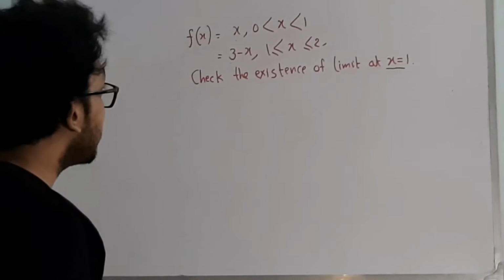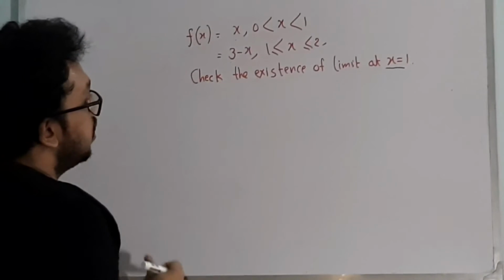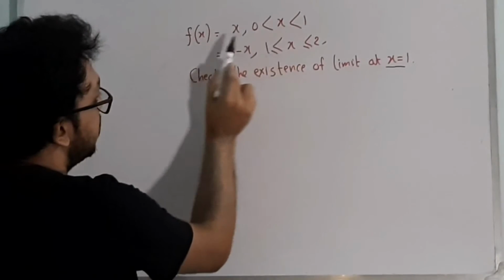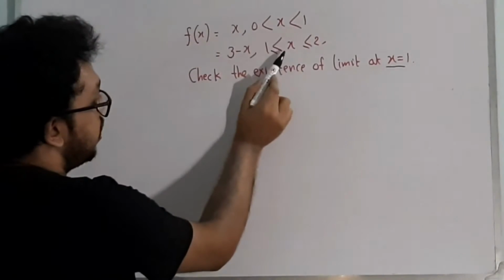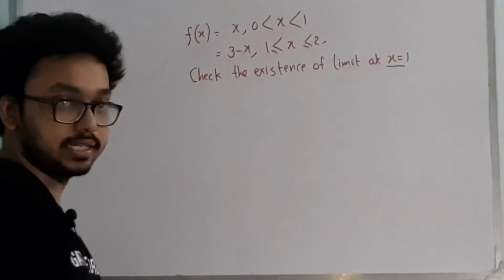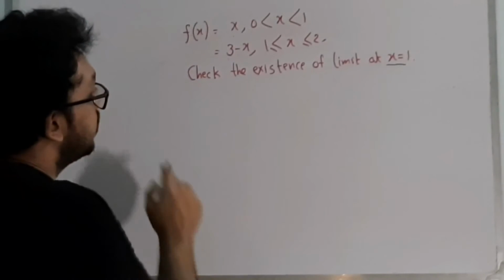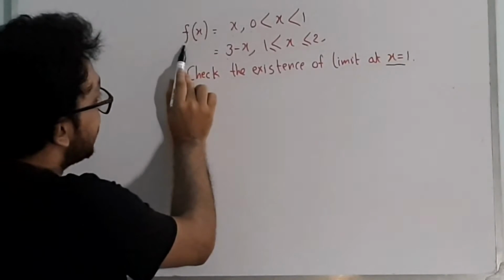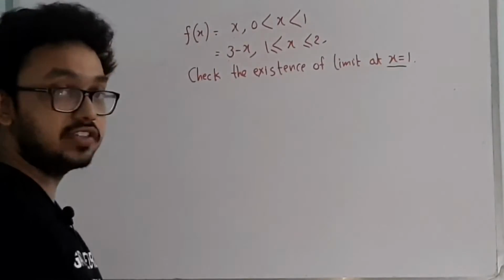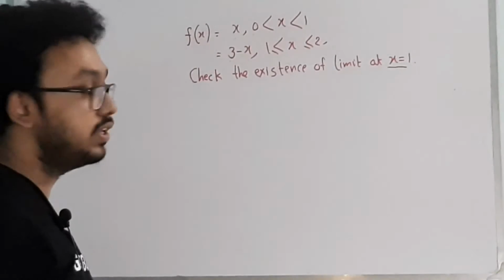So observe the function. You see that when the value of x is varying from 0 to 1, then f(x) is x, and when x is varying in the interval 1 to 2, then f(x) is 3 minus x. So clearly the expression of the function f(x) varies from one interval to another interval.